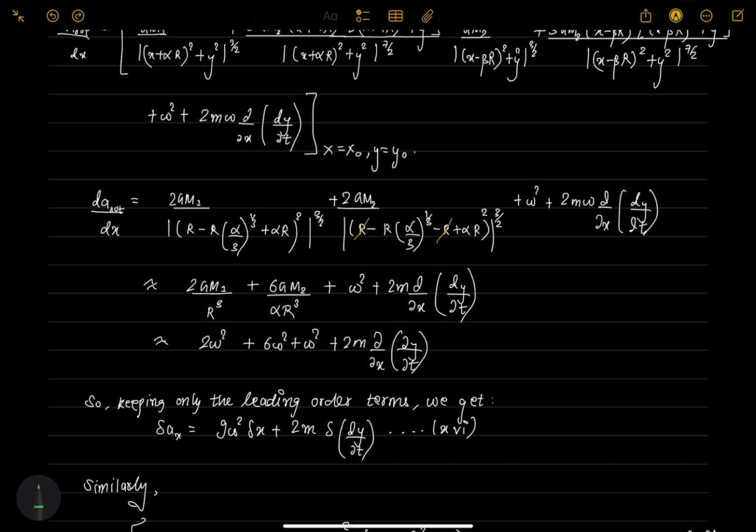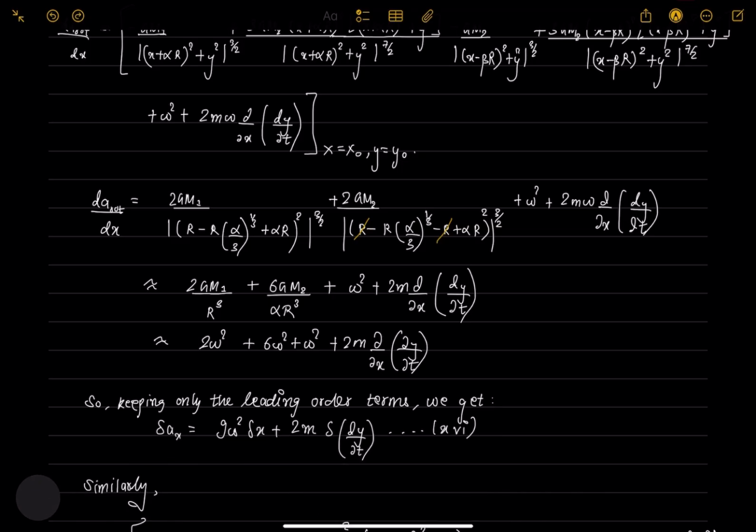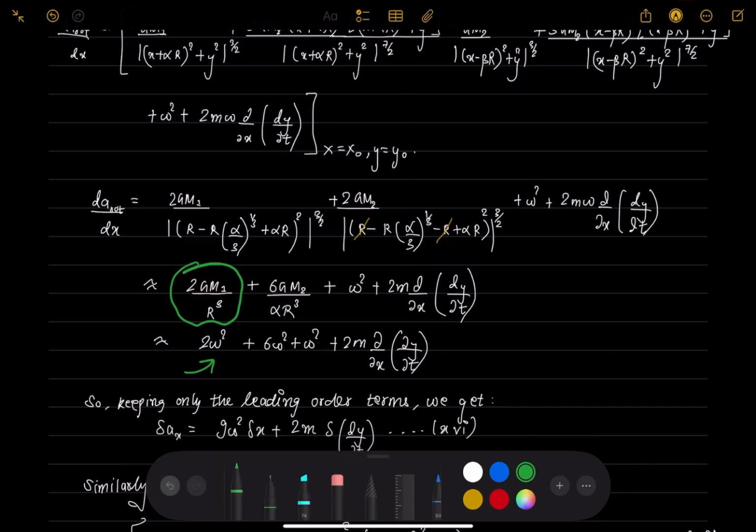And once we have that, we can also see that in that alpha by 3 to the 1/3, that's also very, very small as compared to r. So we're also going to neglect that. And this particular thing is almost equal to 2 times omega squared, because that's what omega was, right? Omega, we had something like m1 plus m2 there.